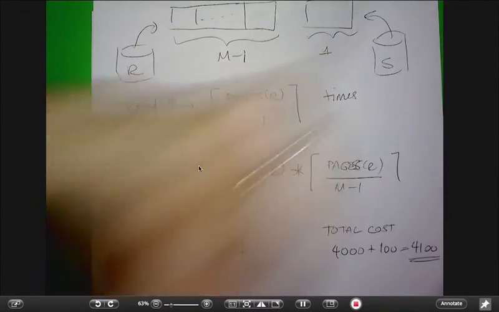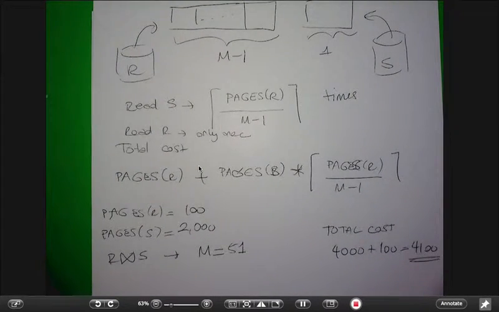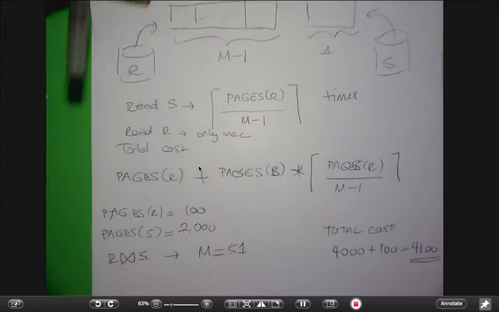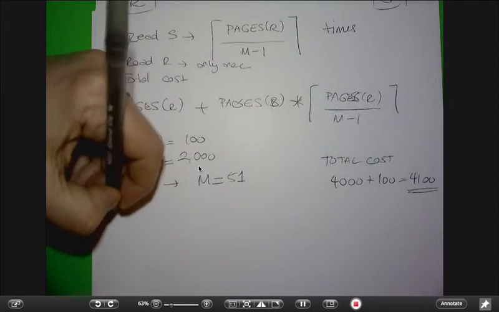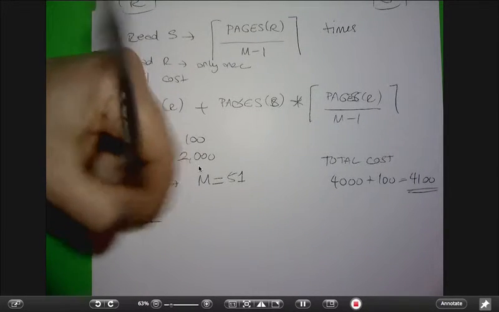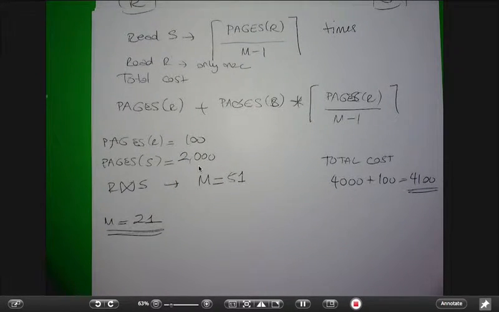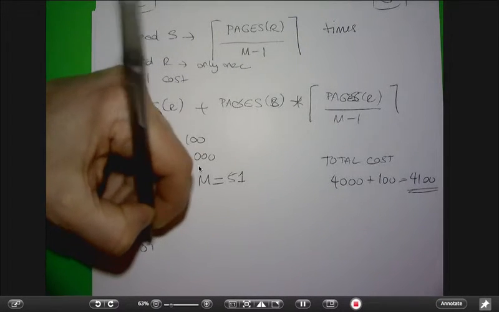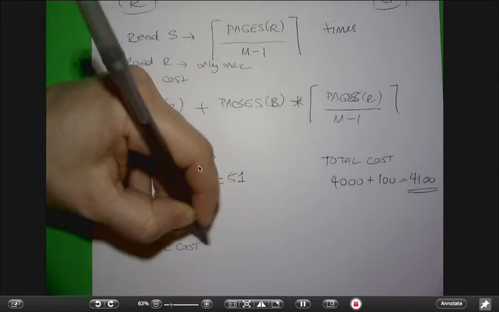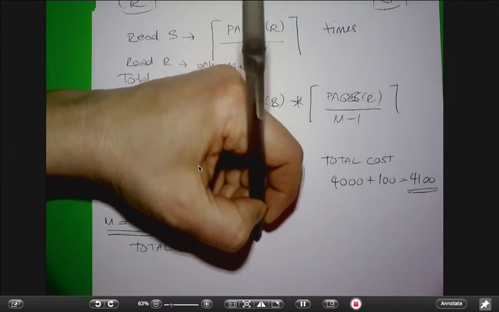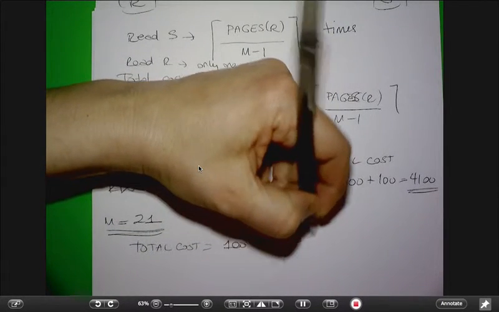The same thing is true if you were to switch S and R, you would get a different cost. So let's say I actually have less memory. So I have 21. So my total cost in this case, same deal. So you have 100 plus 2,000.